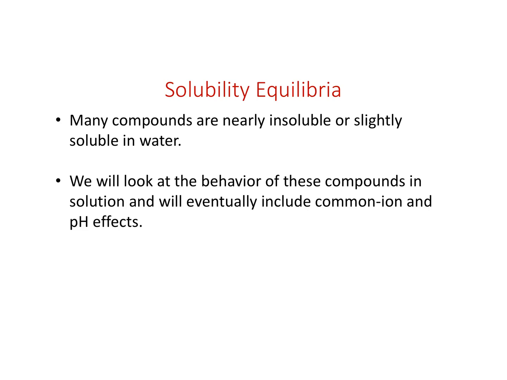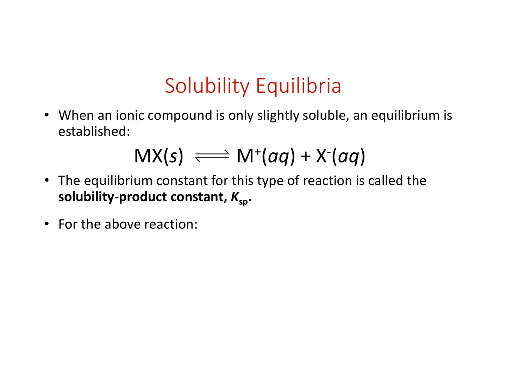To start, we're going to look at how I would write these solubility products for these slightly soluble or mostly insoluble compounds going into solution. In general, we have our generic solid MX, where M is any metal and X is its counter anion. It's a solid, it goes into solution, yielding M cations and X anions.